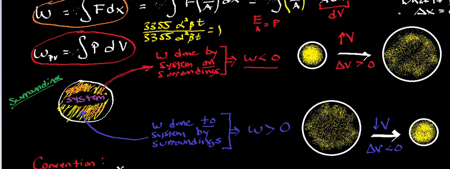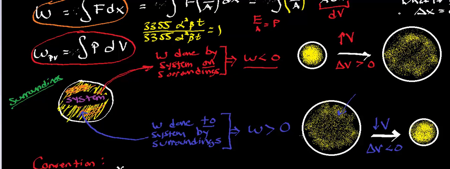That would be like a compression, as shown right here. So we start with a large volume, and there's a gas inside there. Suppose we compress it. In other words, we shrink the container, so now the gas has a higher density in the container. The volume is dropping, that's a compression, and because the surroundings are doing work on the system by doing the compression, the system is gaining energy, so we would say that the work is going to have a positive value.